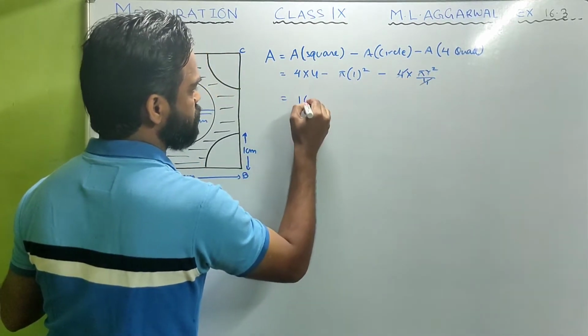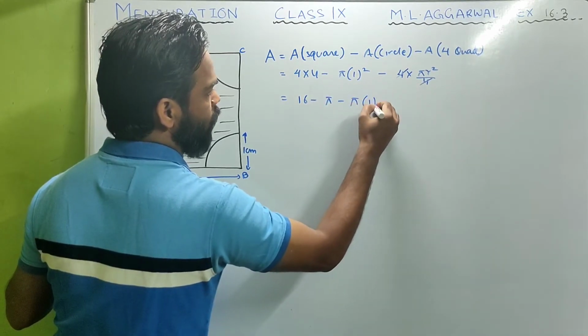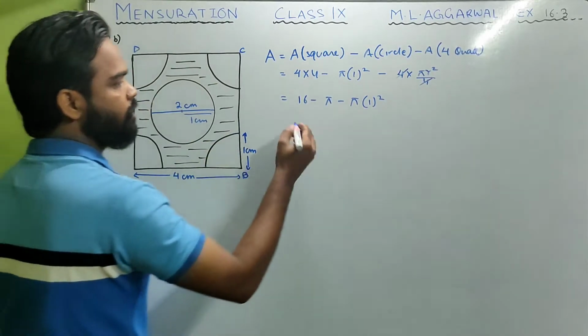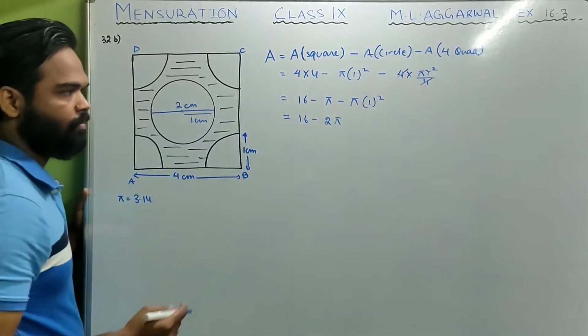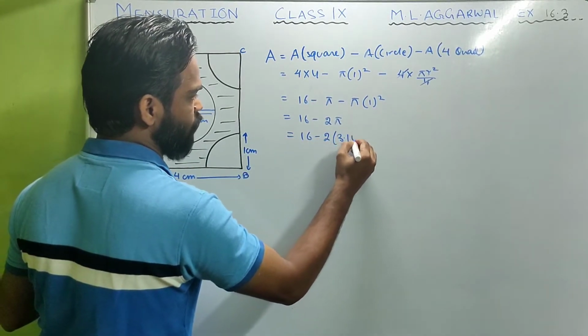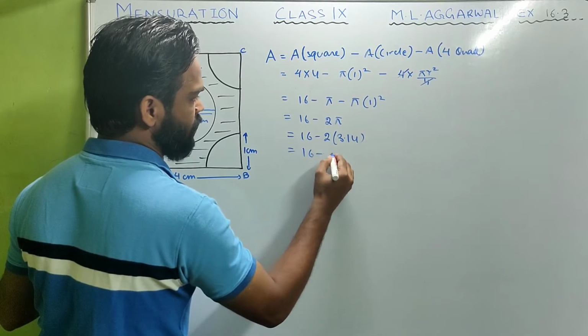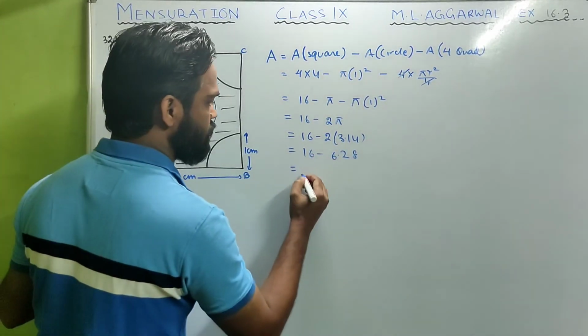Again, this is 16 minus pi minus again pi, and r is 1. Look carefully. So that's 16 minus 2 pi. This pi into 1 will be pi. So that's 16 minus 2 multiplied by 3.14. That's 16 minus 6.28, isn't it? That's how much?